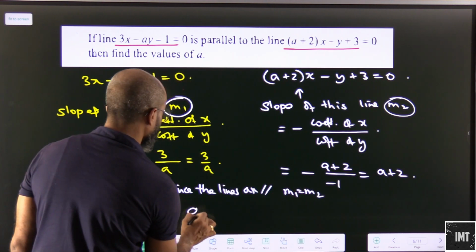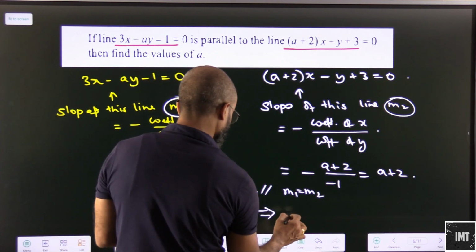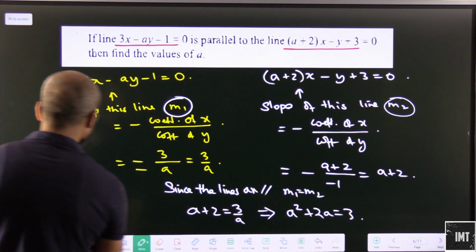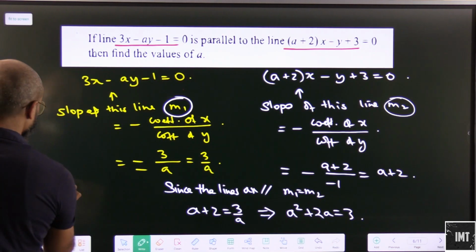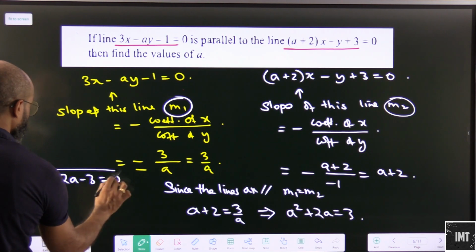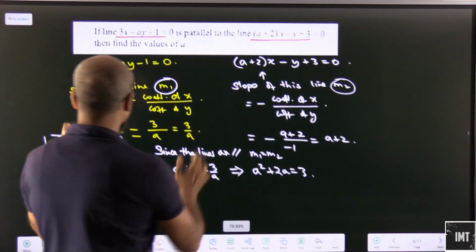So in this case a plus 2 will be equal to 3 by a. So a square plus 2a is equal to 3, which means a square plus 2a minus 3 is equal to 0. This is basically a quadratic equation.